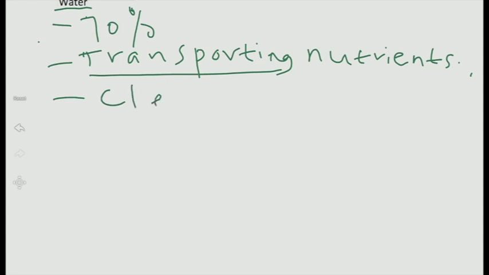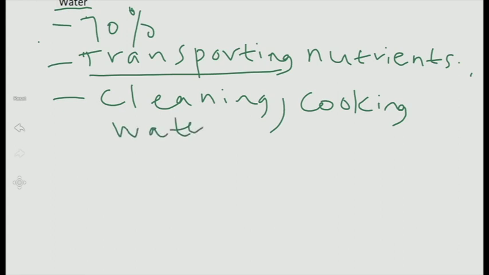As human beings, we also use water in our everyday life. For instance, for cleaning, for cooking, and also for irrigation or watering our gardens, or irrigation in case of farming.